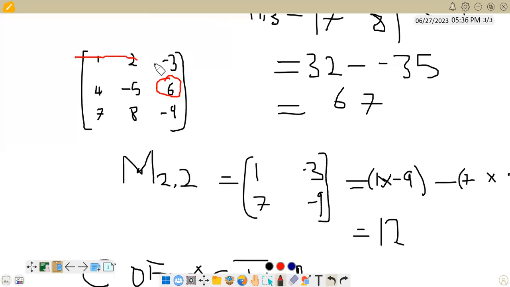What we are going to do is delete this column and delete this row.